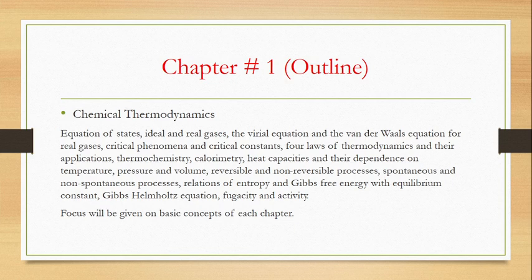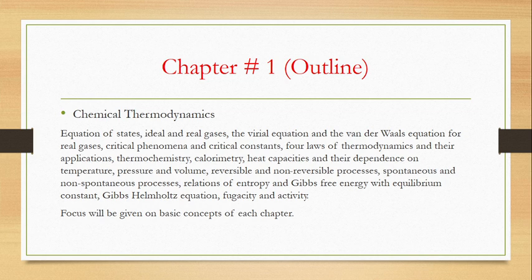Now, we will start with chapter number 1, chemical thermodynamics. This is the basic outline of our chapter number 1. In this chapter, we will cover the following topics. Starting from equation of states, ideal and real gases, the virial equation and the van der Waals equation for real gases, critical phenomena and critical constant we will discuss.